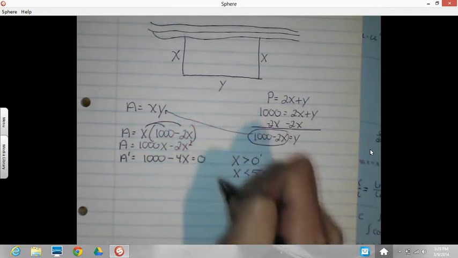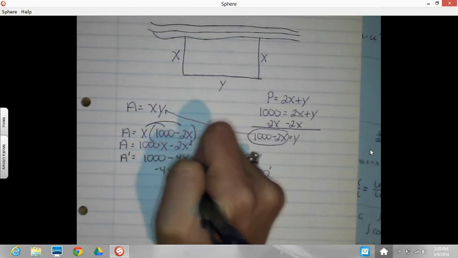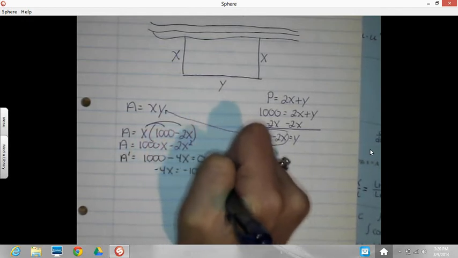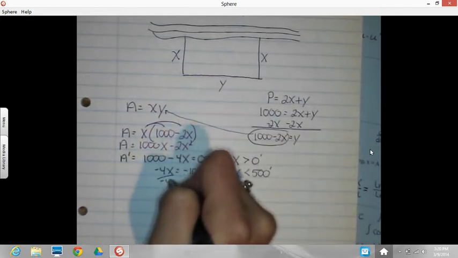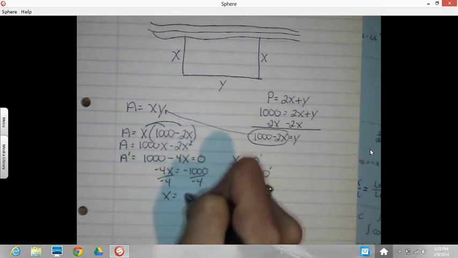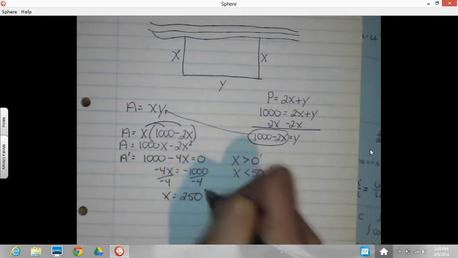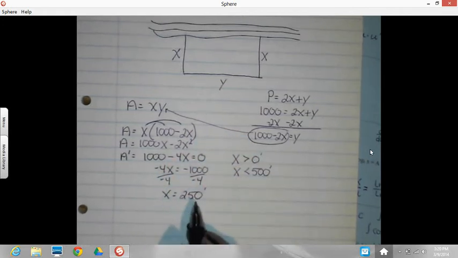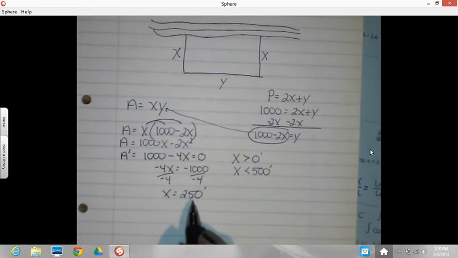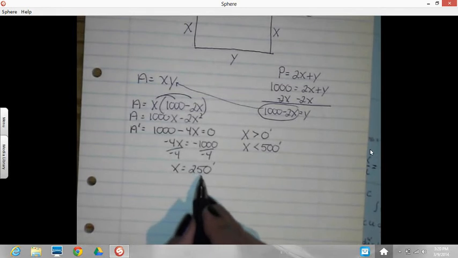Solving for x, I'm going to subtract 1000, divide by the negative 4, and that'll give me positive 250. So I know there's a critical point at 250. I just don't know whether it's a maximum or a minimum. So I'm going to do the second derivative test at 250 to see whether I've got a max or a min.